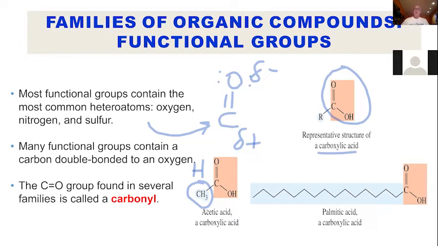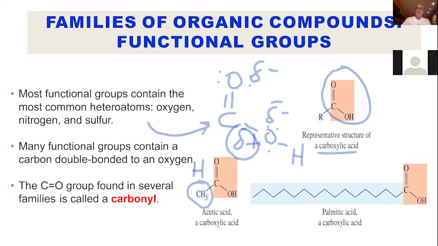And why this carboxylic acid is so acidic is because this carbon has such a high partial positive charge, and it's attached to 2 oxygens. So that means that this particular oxygen is even more negative than usual, because the partial positive charge is higher on that carbon.